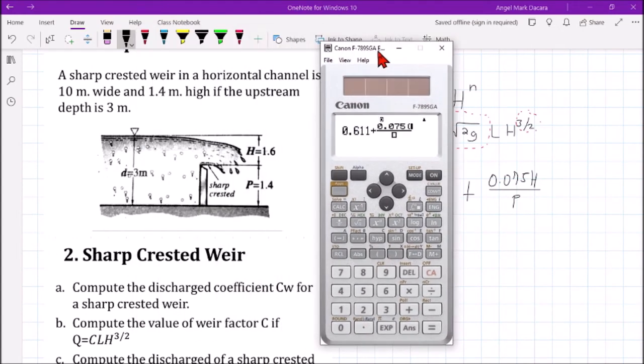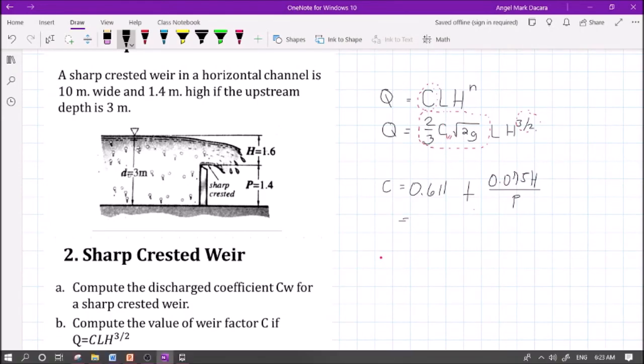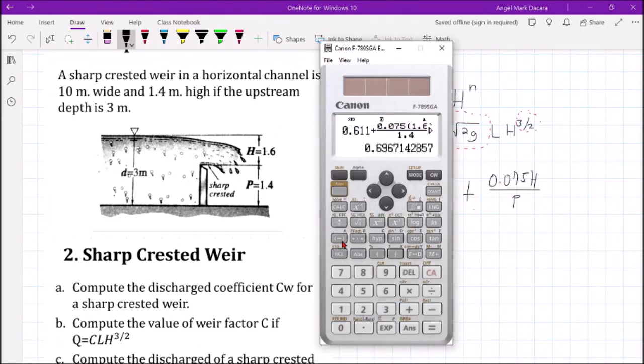Ang H natin as given is 1.6. And P is 1.4. So, C is at 0.6967. So, yung value na yan, dito lang yung mabagsak kasi sub W. Maliit lang yun. Okay, let's just store this. 0.6967.